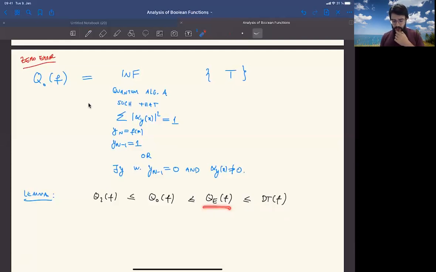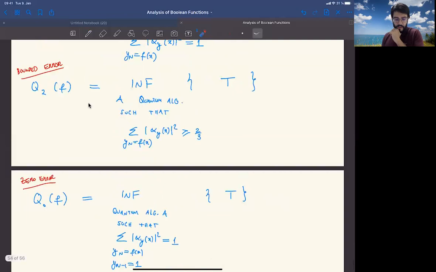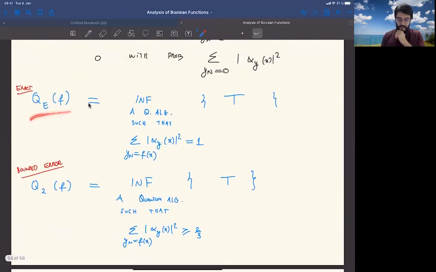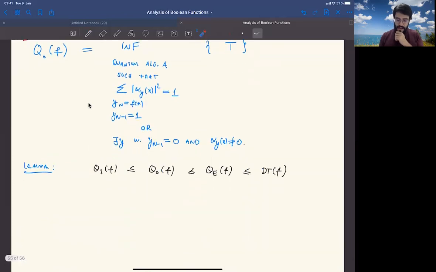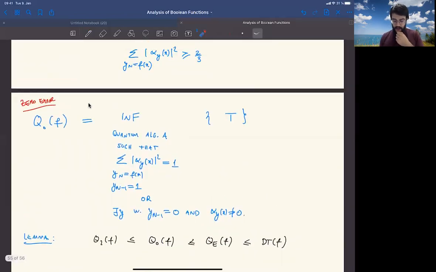And if you want exact, this is also sort of trivial, because the first is exact and the other you assume some bounded error. So that's trivial as well. And this being in the middle is just because whenever you have something exact, that is also a possible algorithm for here. And so therefore this guy has to be less or equal than that.